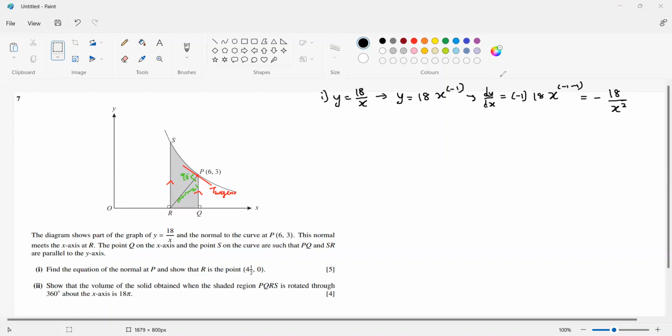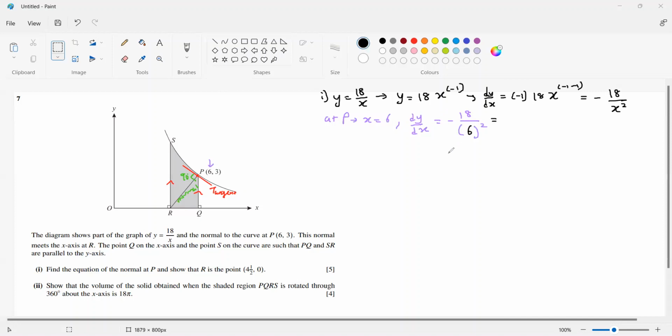So we have to evaluate dy/dx at x equals 6, because at P the value of x is 6, and dy/dx here is a function of x. That means negative 18 over 6 squared.